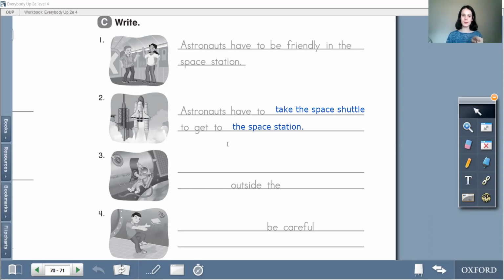And third one, look at the picture. So, what is that? That's a spacesuit, right?